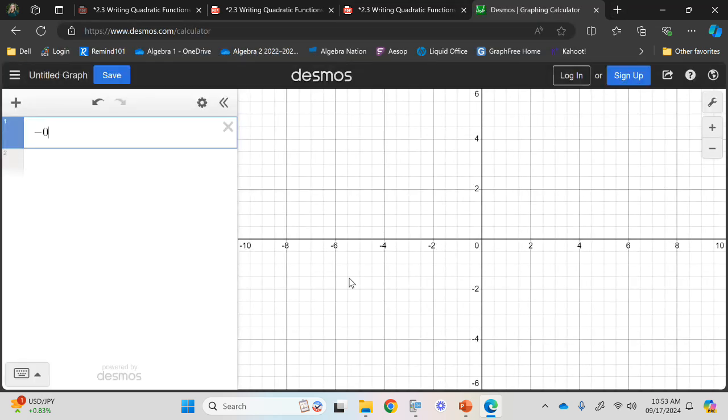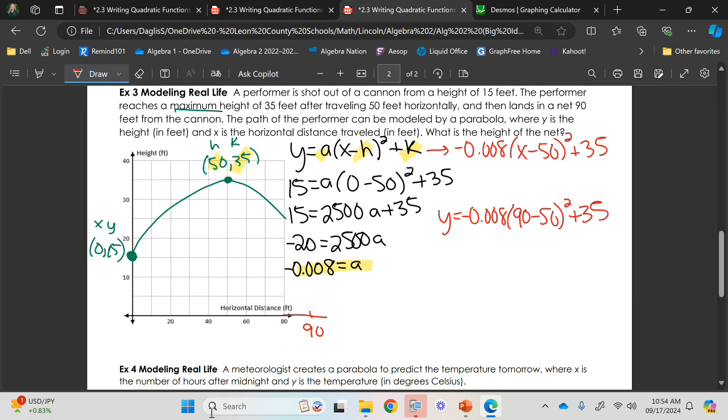Okay. Negative 0.008 times 90 minus 50 squared. And then what was it? Plus 35. So it doesn't have to give me a graph. You can just type things in like that, and you see how it gives me an answer in the corner. So we have an answer of 22.8. Okay.